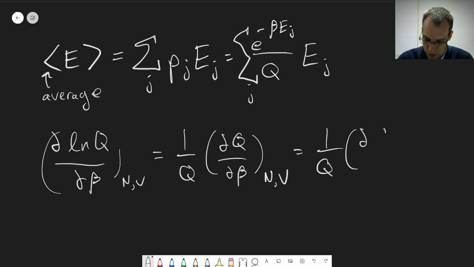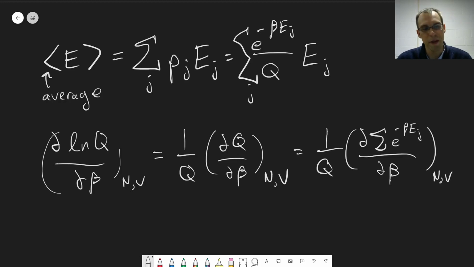So the partial derivative of this sum with respect to beta. So for our derivative, we're going to have a sum. So we can think of the derivative of each term of the sum. We'll get negative beta times e to the minus beta E sub j. That's just by the property of the derivative of an exponential.